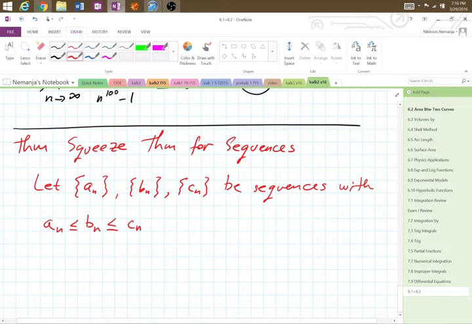So we see that cn is above the bn and above the an for all n elements of the counting numbers, right? So that's for all values.